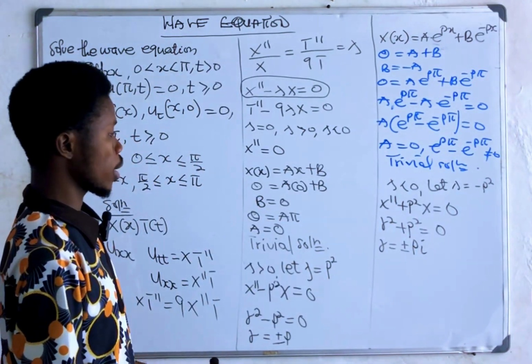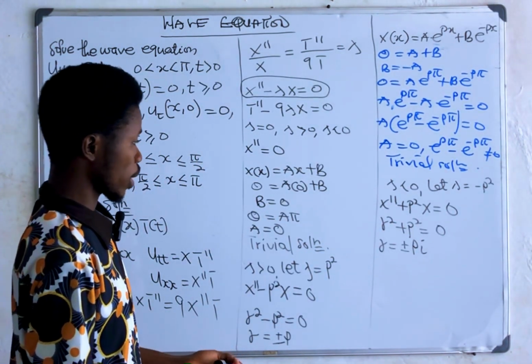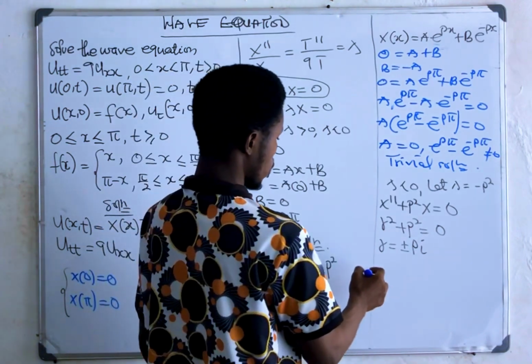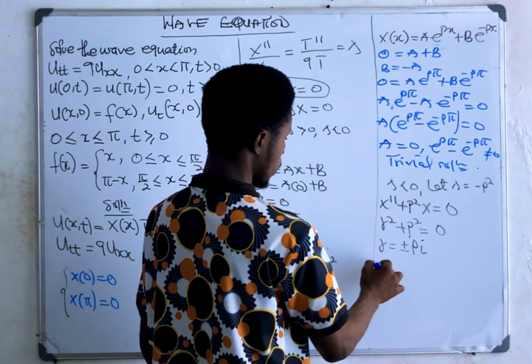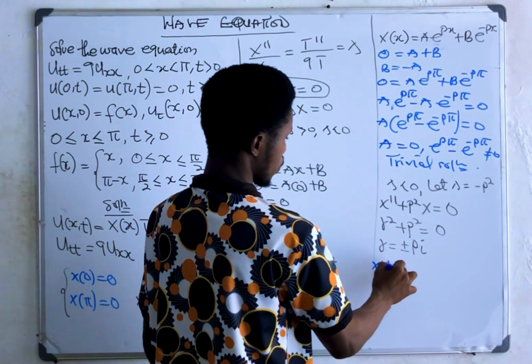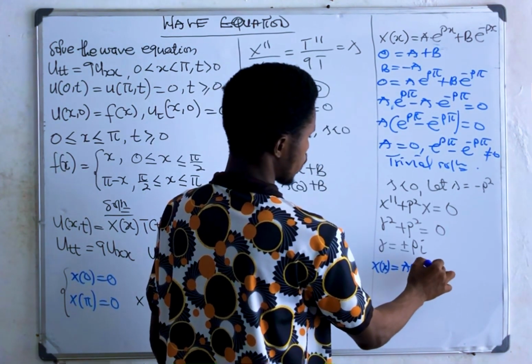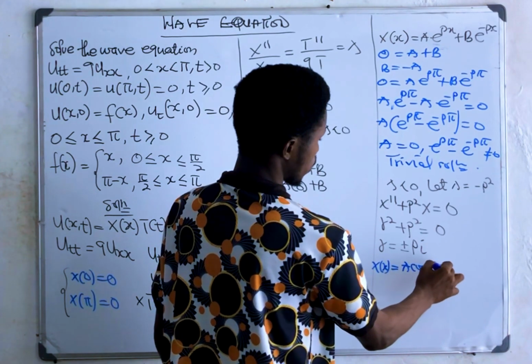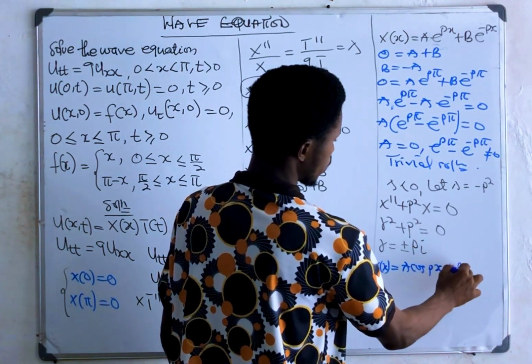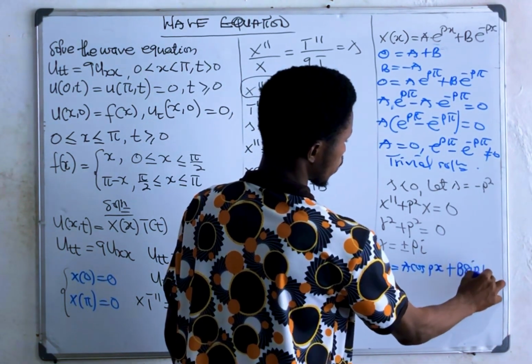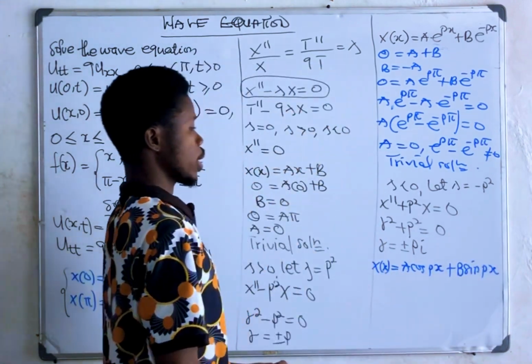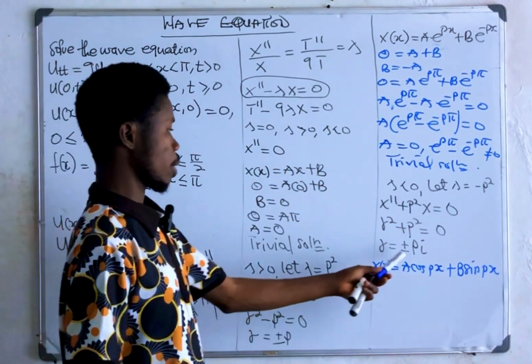And you know how to write the solution for a complex. That one is going to be a cos px plus b sine px. So that's the solution that we write when it is complex.